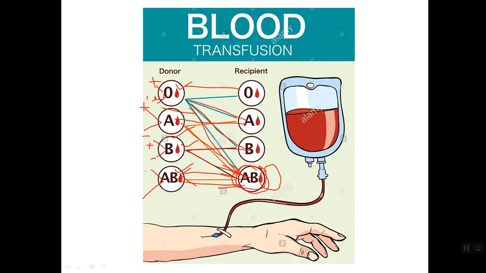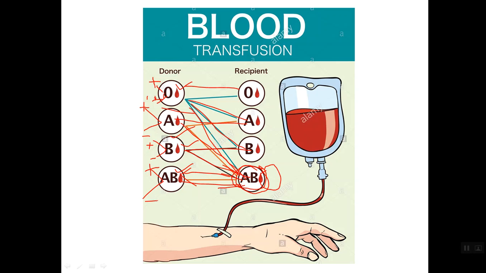Similarly in case of AB, AB positive will have the RH antigen, AB negative will not have the RH antigen.